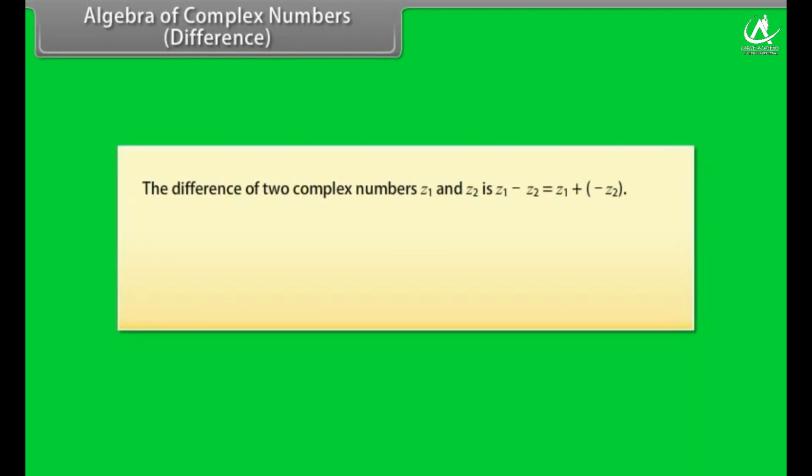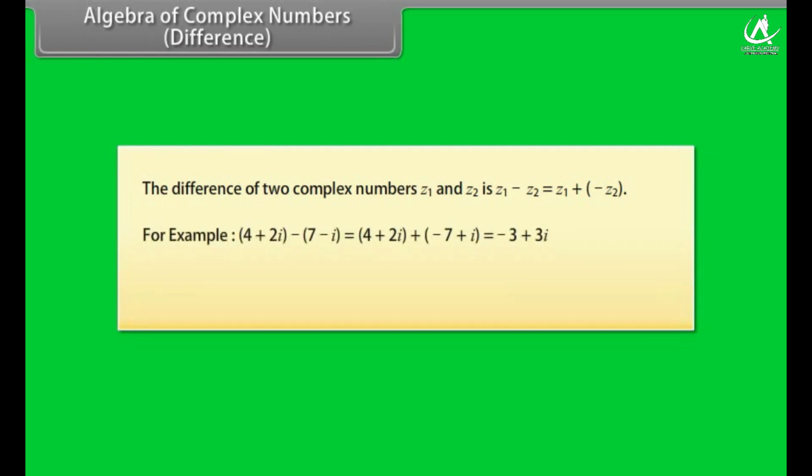Algebra of complex numbers. Difference. The difference of two complex numbers z1 and z2 is z1 minus z2 is equal to z1 plus minus z2.